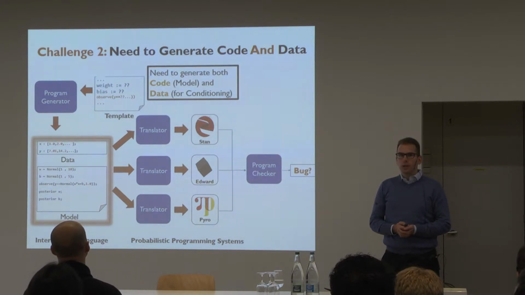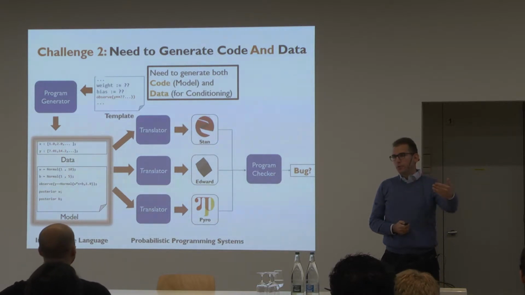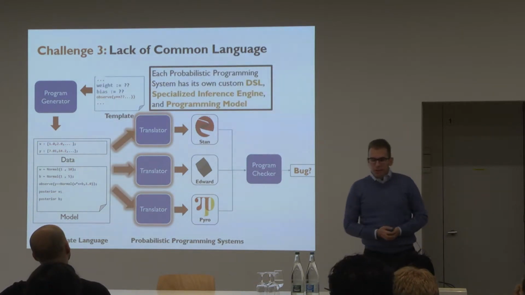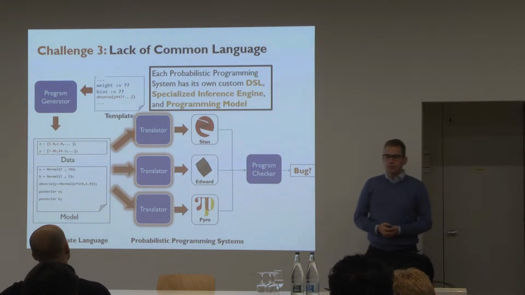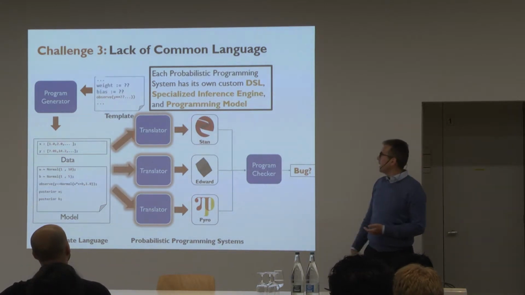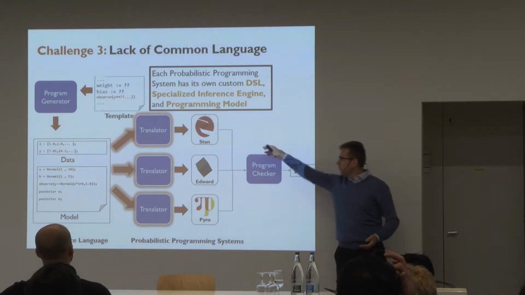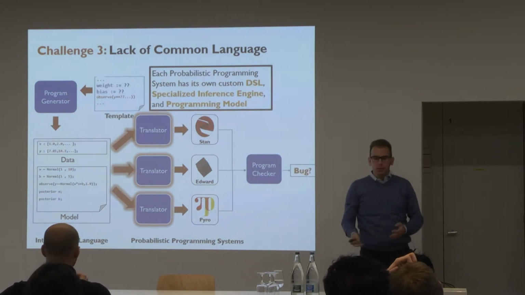It's both the program and the data that we need to generate. So we need to generate a model and we need to generate observations. Then when we think about translation, each probabilistic programming system has its own custom domain-specific language, specialized inference engines and programming models. So Stan is quite different from Pyro, which resembles Edward, but not exactly.